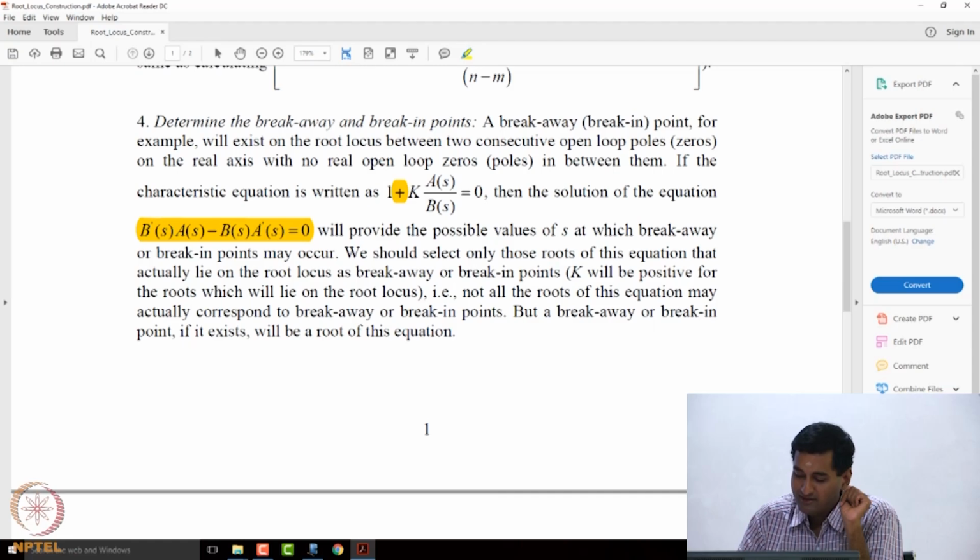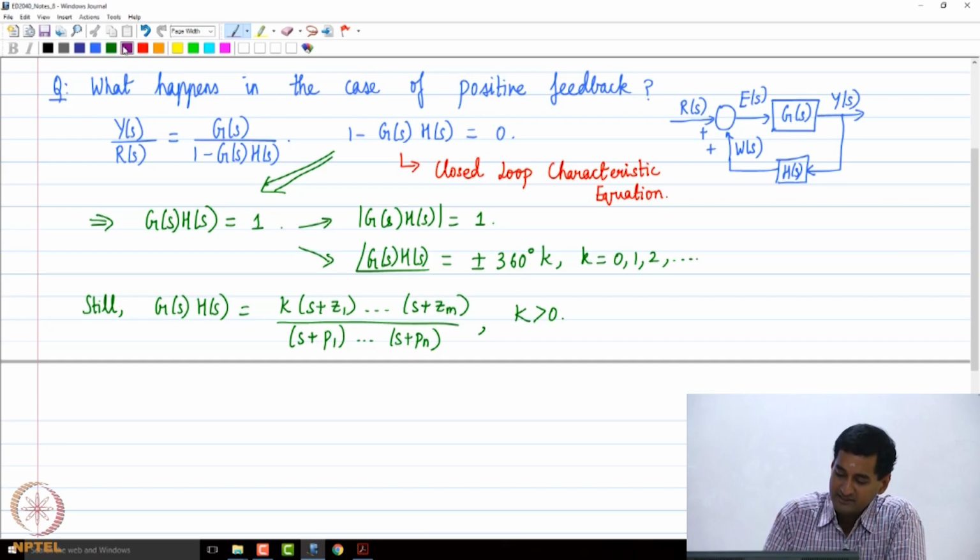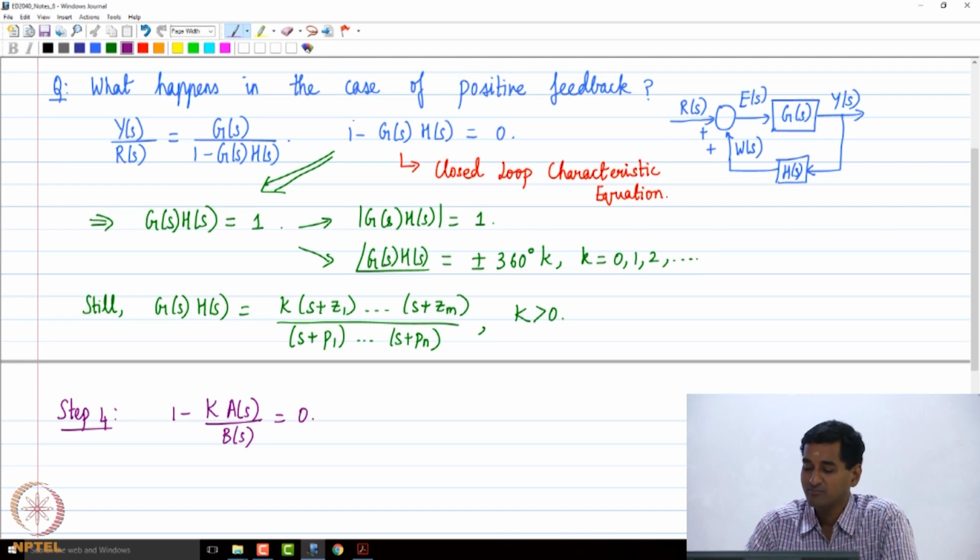Why? Let me write it down here in the journal notes file. Please note that in step 4, the closed loop characteristic equation would be this, with positive feedback, because that's going to be 1 minus g of s h of s equals 0.